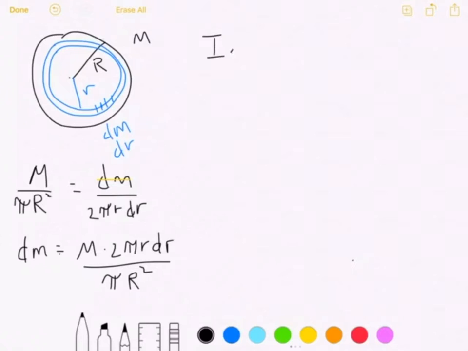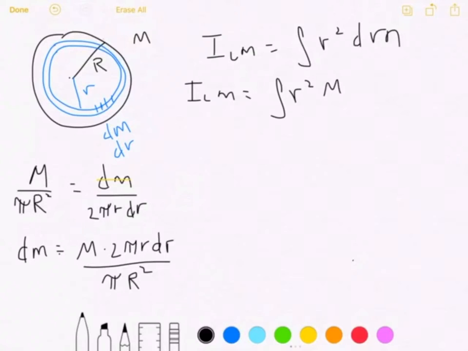So we know that the moment of inertia is equal to the integral of r squared dm. We want to plug in for dm. Let's simplify a bit, that these pi's will cancel out.